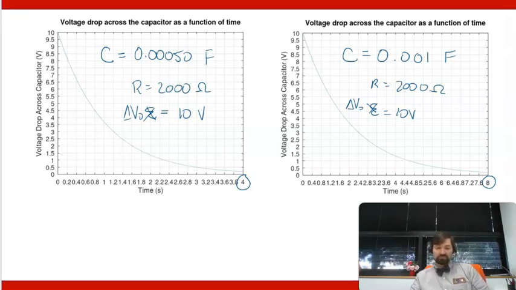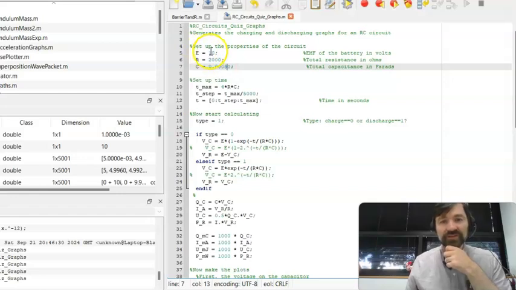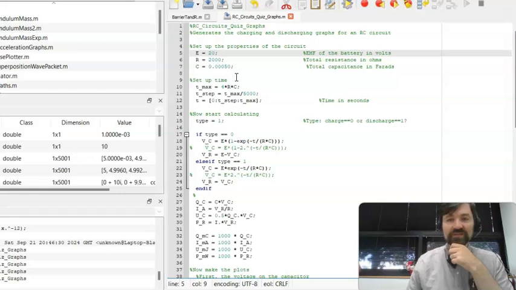All right, and let's also change the EMF, the initial voltage in my code. That basically involves going back through here, resetting this, and let's make the EMF 20 instead of 10, and we'll run it again.